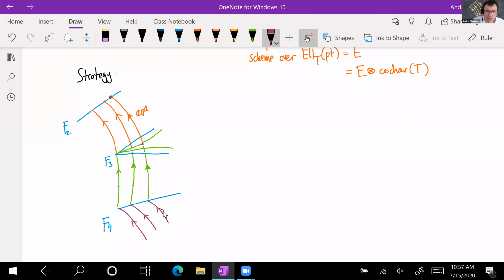So the strategy would be that we construct inductively. Since the whole attracting manifold is constructed inductively, it makes sense to construct homological constants inductively.